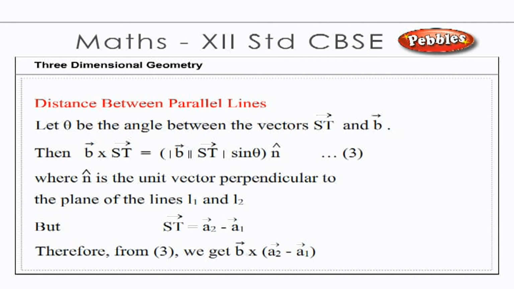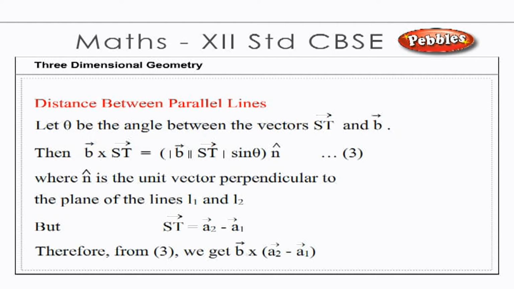Let theta be the angle between the vectors ST vector and b vector. Then b vector cross ST vector is equal to modulus of b vector into modulus of ST vector into sine theta, the whole into n cap, where n cap is the unit vector perpendicular to the plane of the lines L1 and L2. But ST vector is equal to a2 vector minus a1 vector.